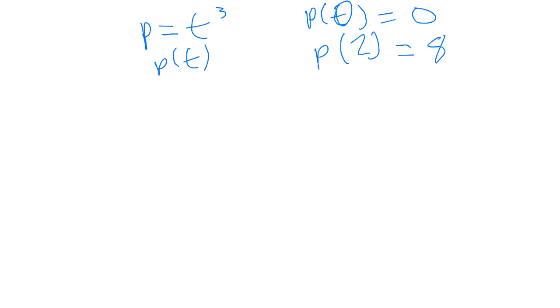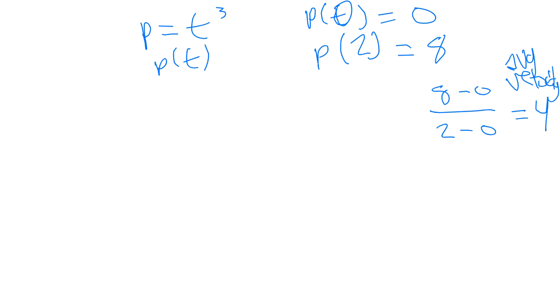So once again, this is just saying that we're finding our change in position over change in time. So our position goes from 0 to 8, so we have 8 minus 0, and our time goes from 0 to 2, so 2 minus 0, which equals 4. So that is going to be our average velocity, 4.